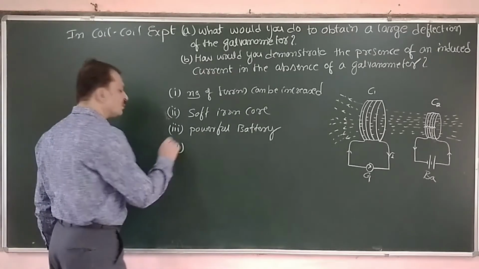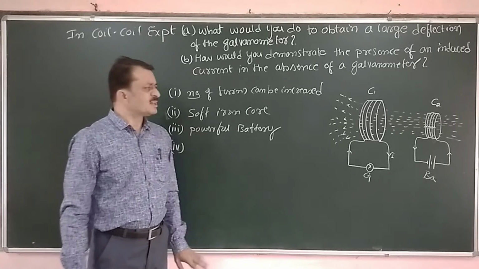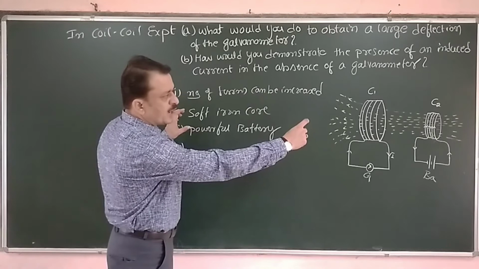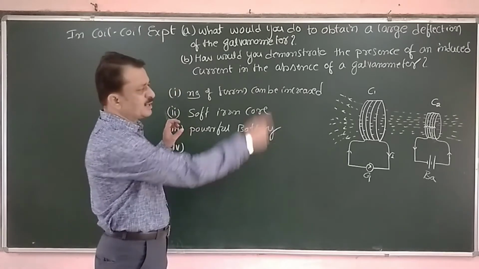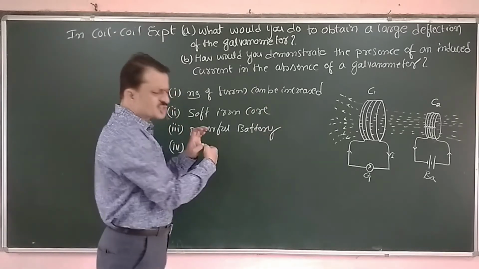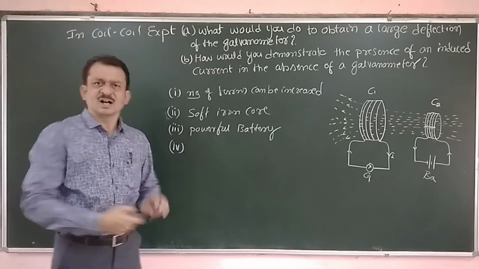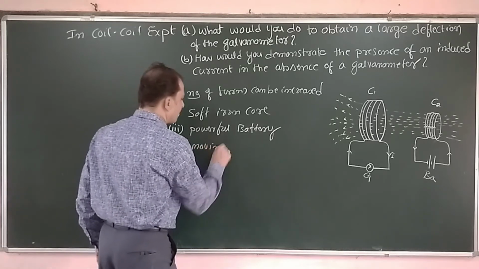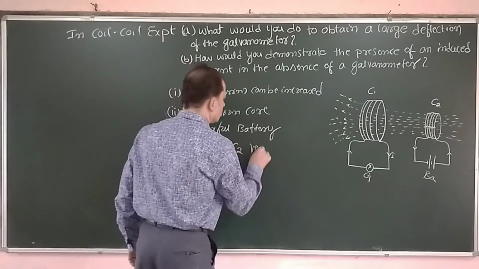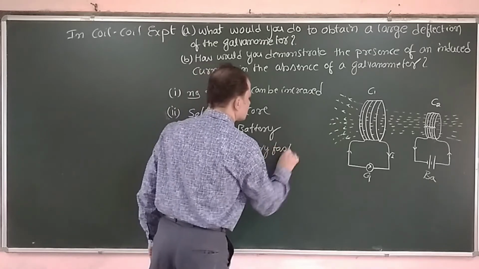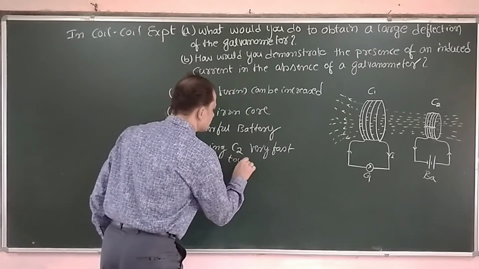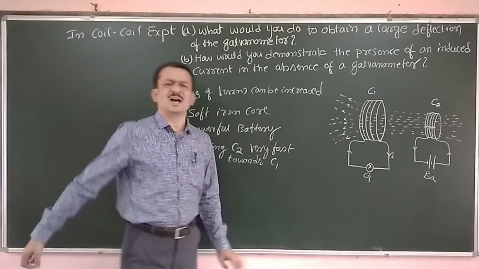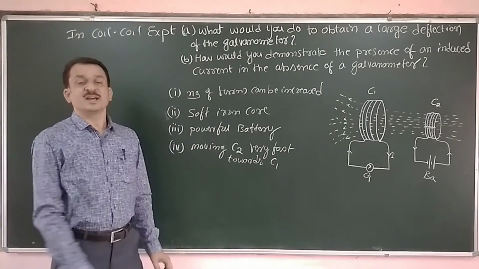There is one more method, the fourth method. That is a physical method. In that, we are pushing the coil C2 and its entire arrangement very fast towards the coil C1, or taking it away very fast, moving C2 very fast towards C1, or it is taken away with a higher speed.